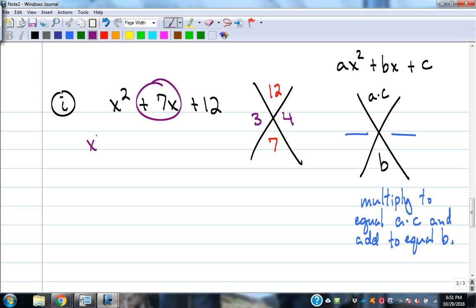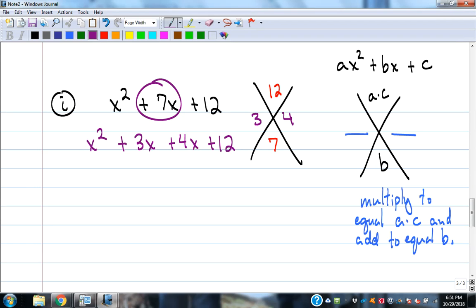Okay? I'm going to replace the 7x with 3x plus 4x. I'm replacing the middle term with the two numbers that I got in the sides. Okay? And I'm putting an x on them because I need it to add to be 7x, right? 3x and 4x. It has to be 7x.